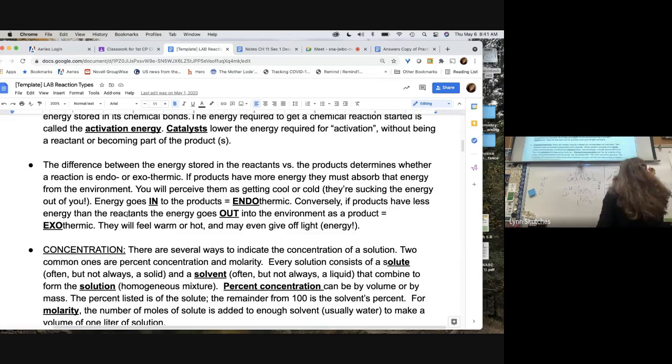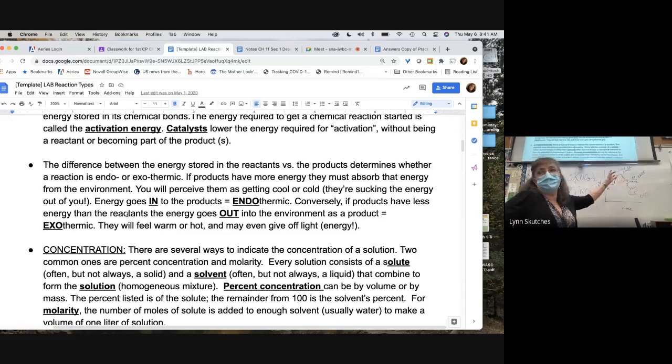Endo means in. And then exo, the products have less energy. So that's an exothermic reaction. Most reactions you've ever seen, there's very few endothermic reactions that you will observe. That one example was vinegar and baking soda, but that's about it.